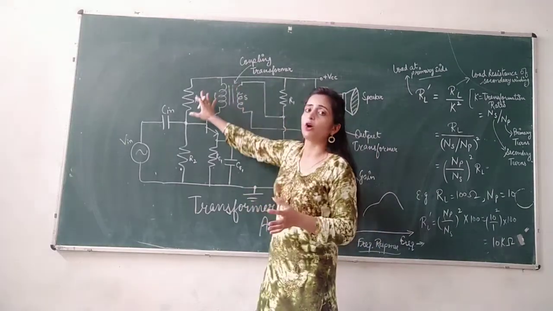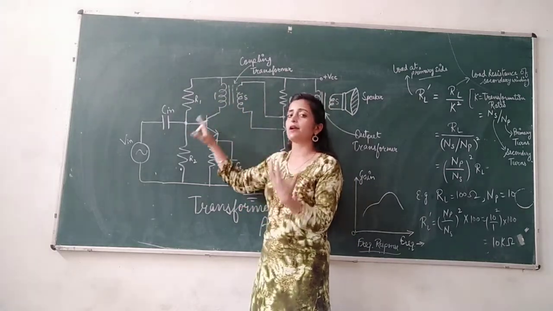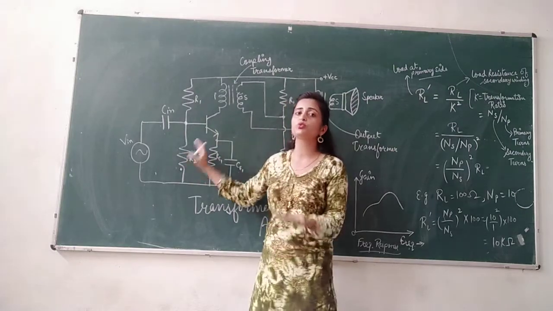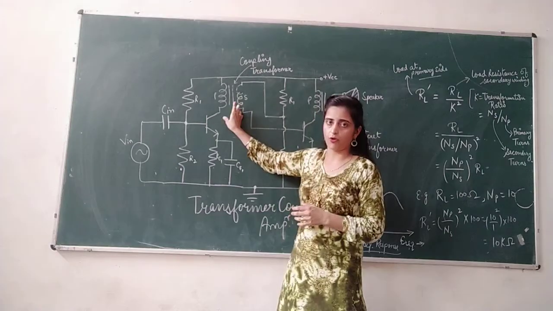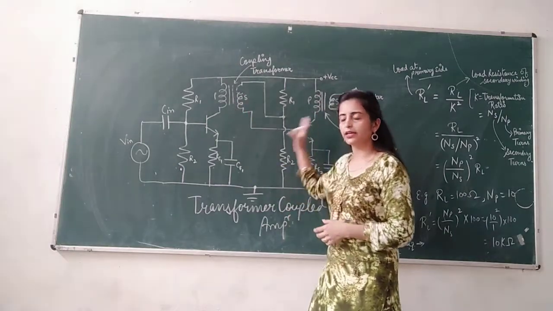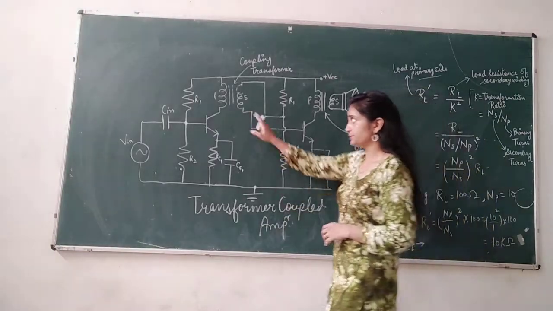Now the most important part, that is this transformer, which is used as a coupling device between the two amplification stages, and because of this transformer we call this circuit a transformer coupled amplifier circuit.